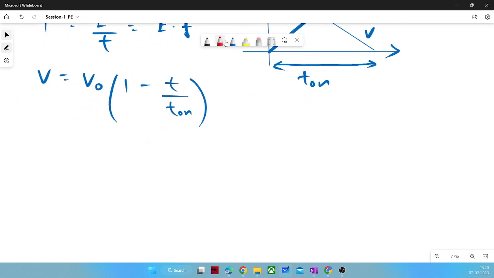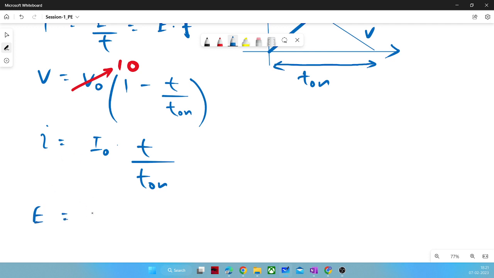So V naught is 100, and we will write the expression of current also. Current will be I naught into T by T on. Then we have to club both voltage and current expressions and integrate.